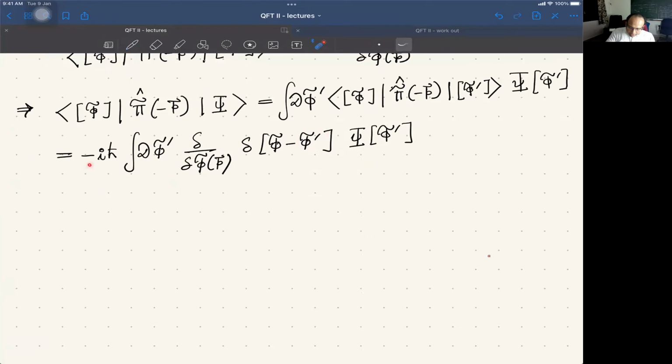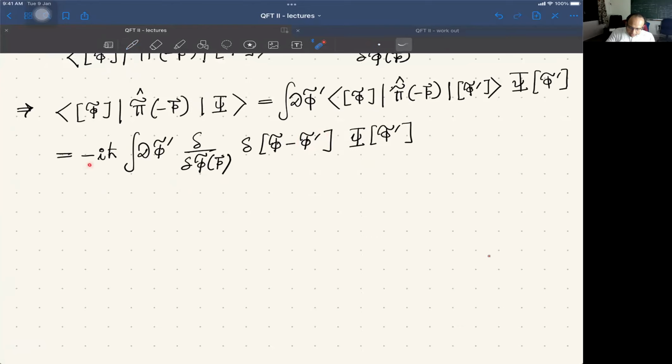So these two minus signs will cancel, and the result is minus i h bar ∂ over ∂φ̃(p) of ψ(φ̃). Okay.